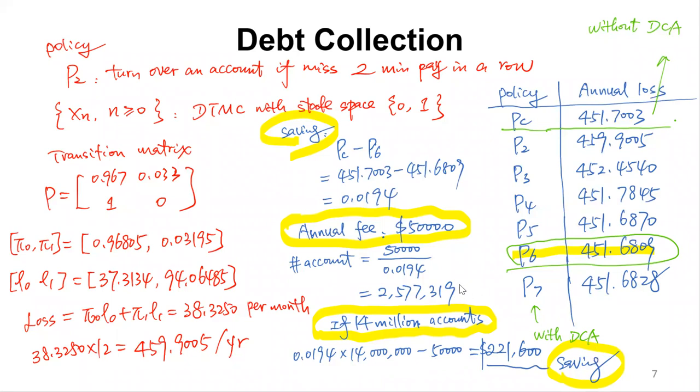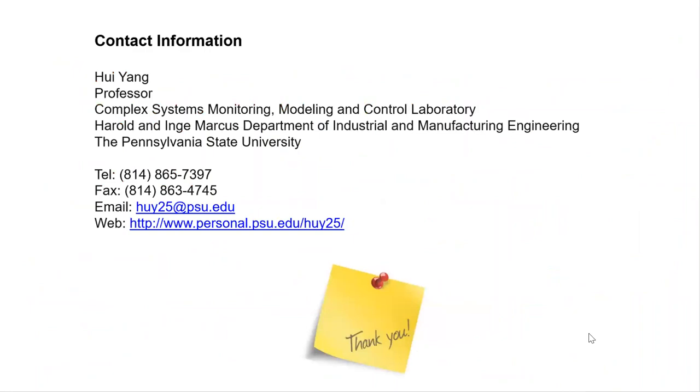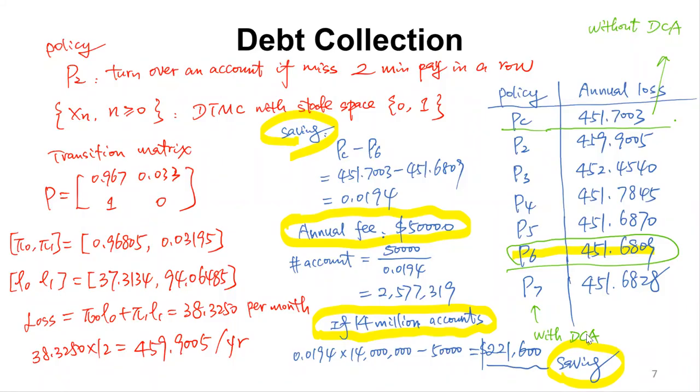So this is a cost analysis for different policies with the DCA, and this P1 is the policy without DCA, without data collection agency. So those P2, 3, 4, 5, 6, 7, they are with DCA. Okay, so this is the end of this DTMC modeling for the credit card company.